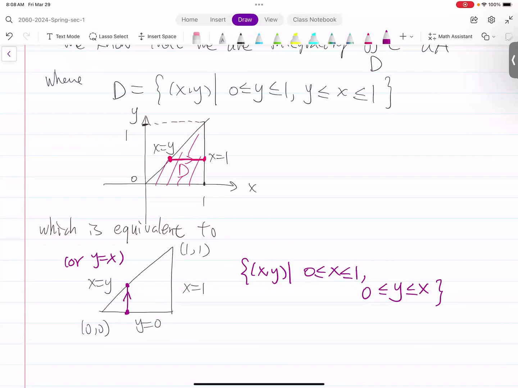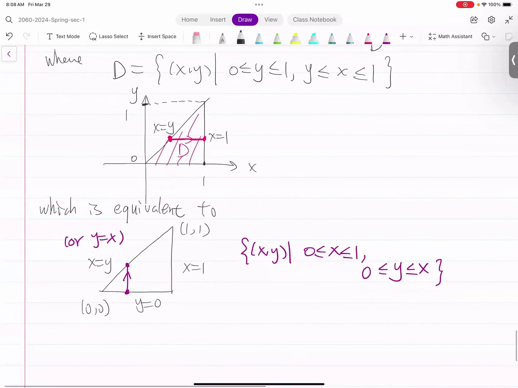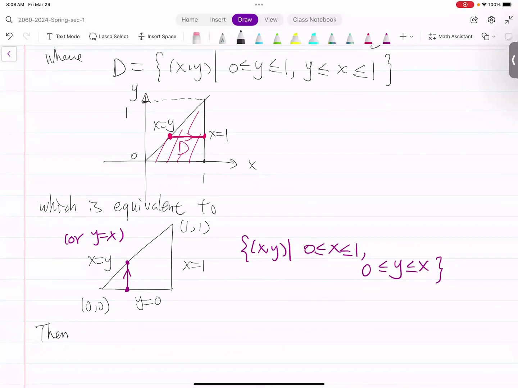Okay. So once we describe it in another way, then we can rewrite the double integral in this way in purple. So basically, this double integral over the region D, just remember the function we integrated is e to the x squared, which is complicated.